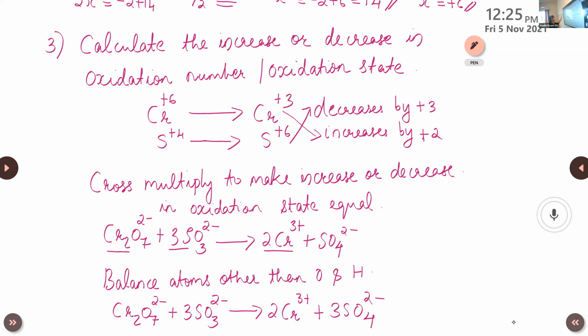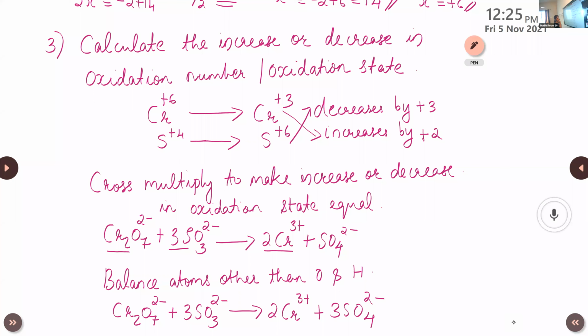Sure. First, we have to calculate the increase or decrease in oxidation number or oxidation state. For this, we have to go through the equation and find out the oxidation state of chromium and sulfur on the reactant side and product side. On the reactant side, chromium is in +6 oxidation state, and on the product side, it is +3.